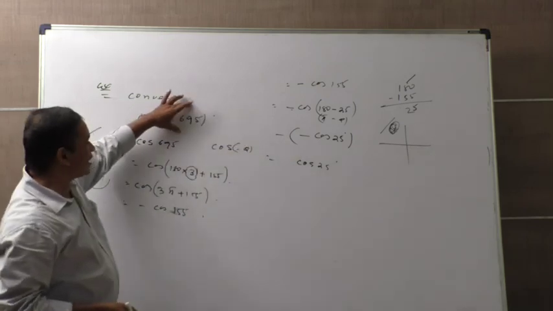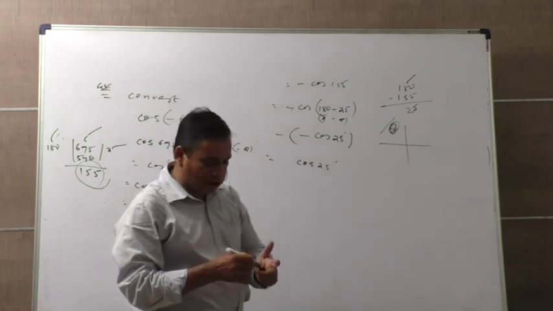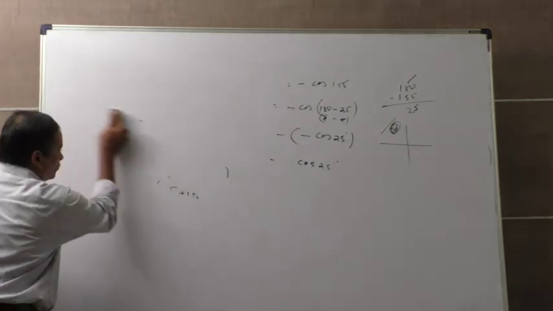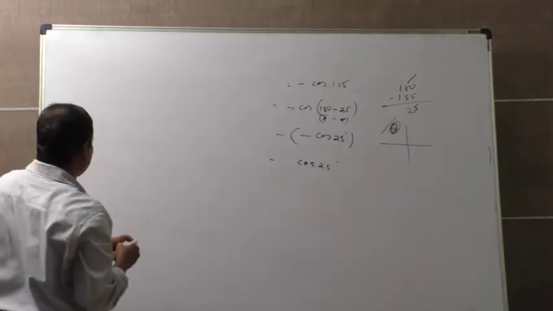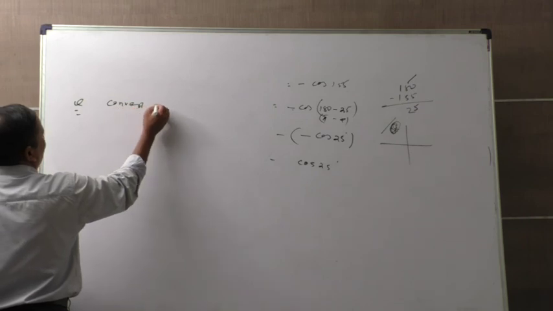It was a large number, but now it is less than 90, so it is a good number. Now do some questions. The question is like this: convert to acute angles.